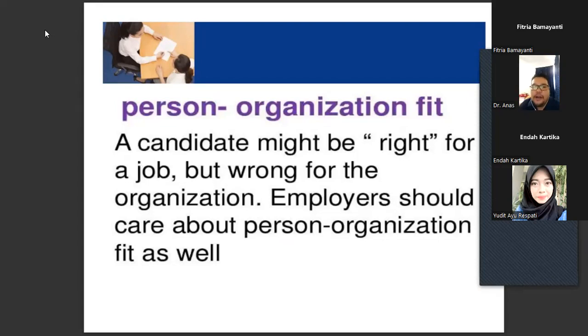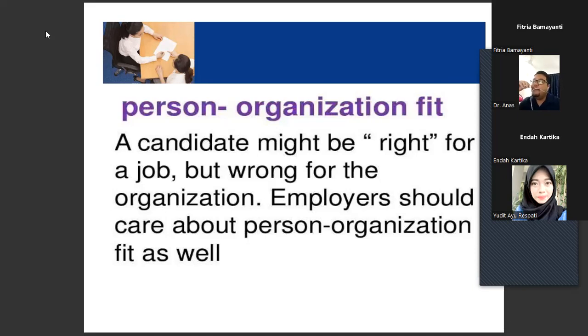For example, maybe Fitra Bamayanti, maybe you are right for the job as a secretary, let's say for organization A. So you are right for the job, the right person to get the job in company A as an administrative.